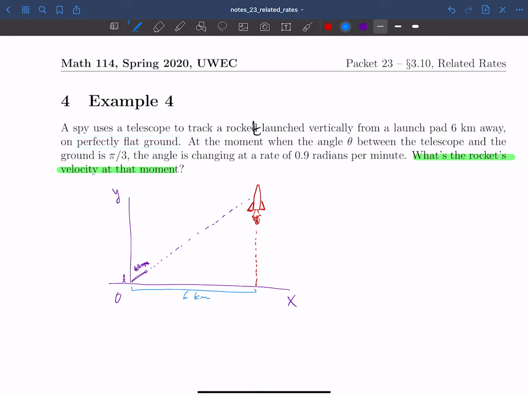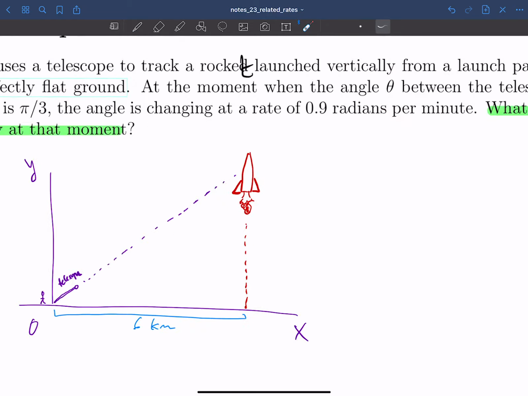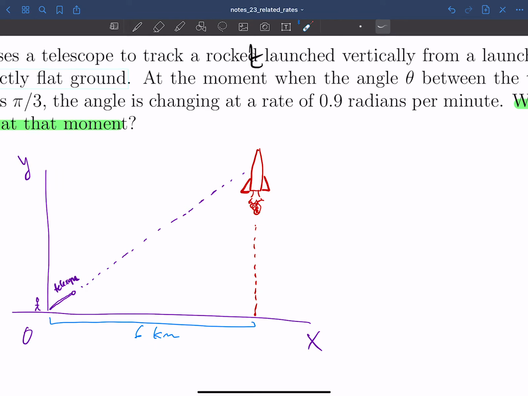We're not done labeling things yet. We still have stuff that we haven't labeled in our picture. We haven't labeled the angle theta between the telescope and the ground. Let's label that right here. That angle right there we're going to call theta, and at the moment we're thinking about, that's equal to pi over 3.